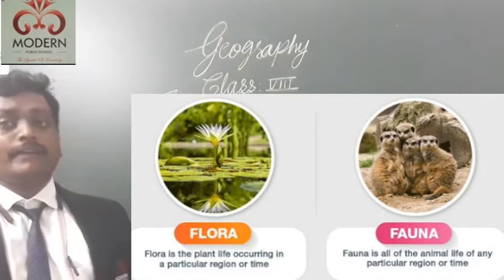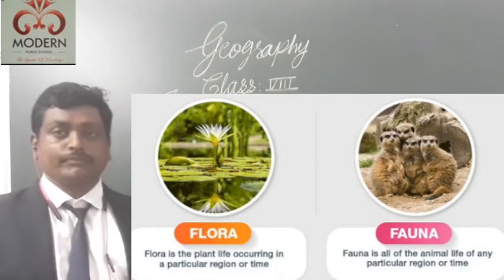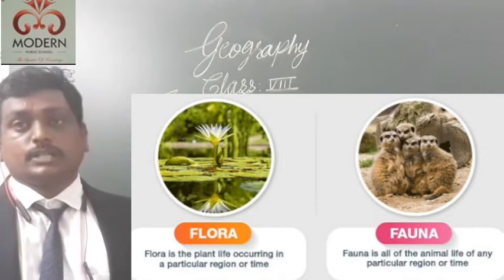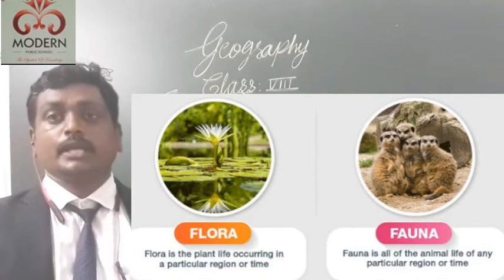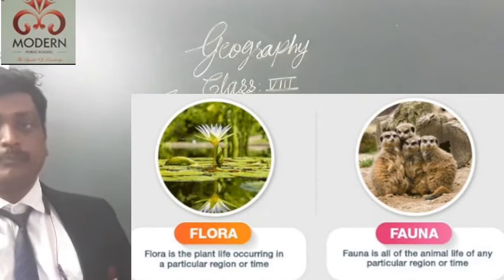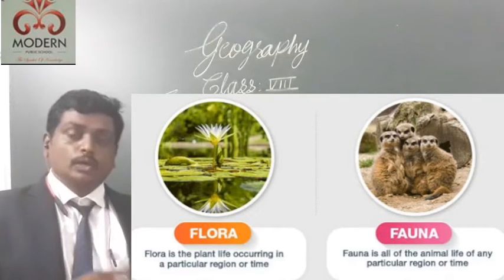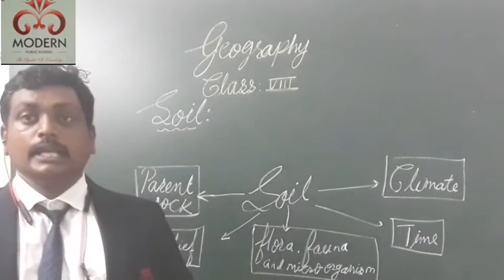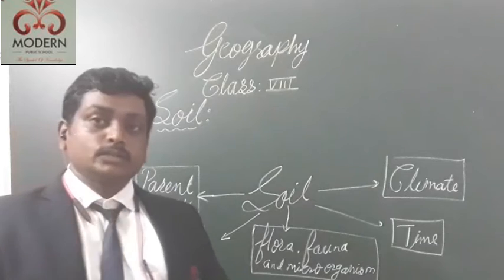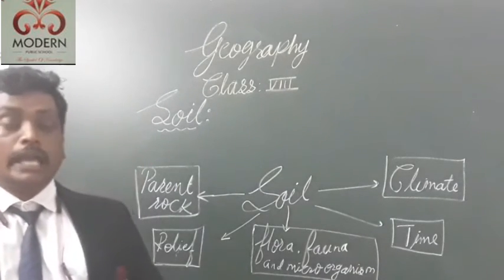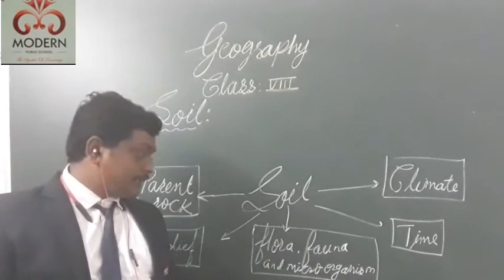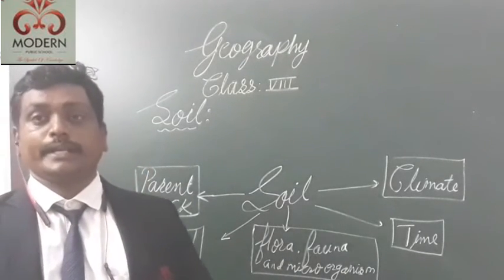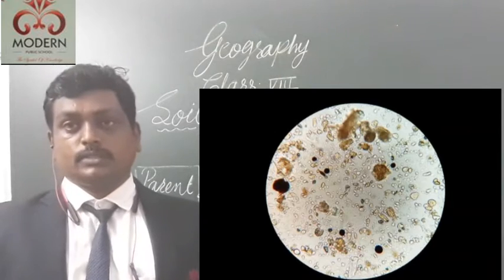So different kinds of animals and plants, their structure and their colors, all depend upon the soil. They also affect the soil. These trees also affect the soil, and this soil creates such kinds of flora and fauna. In soil we also have different kinds of microorganisms which boost the crops.